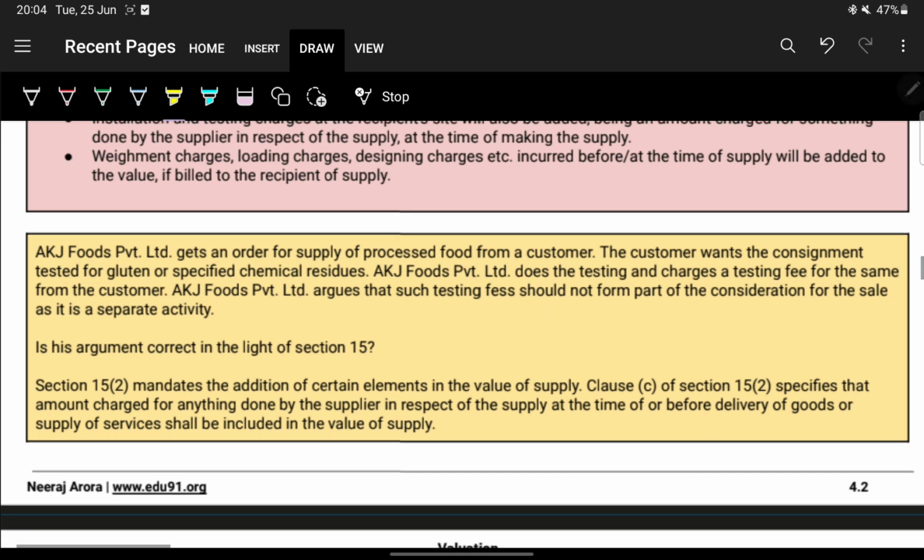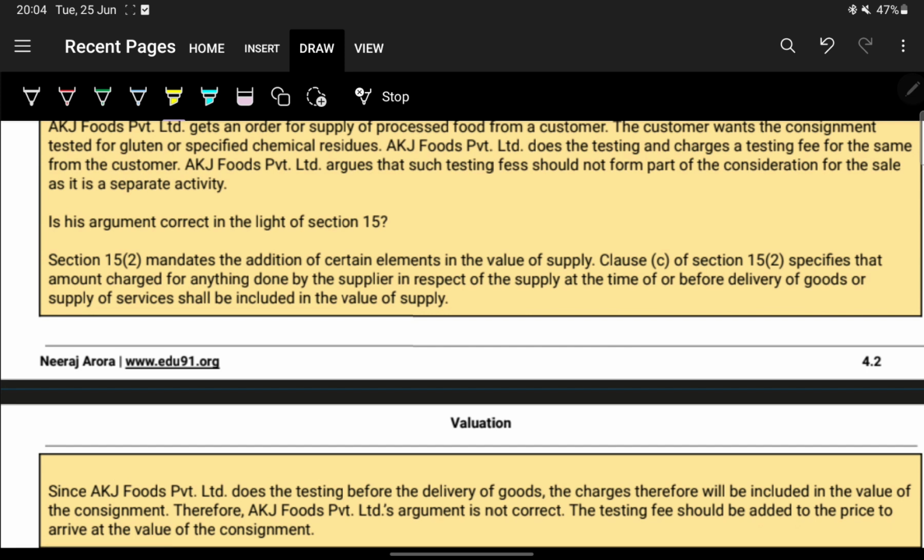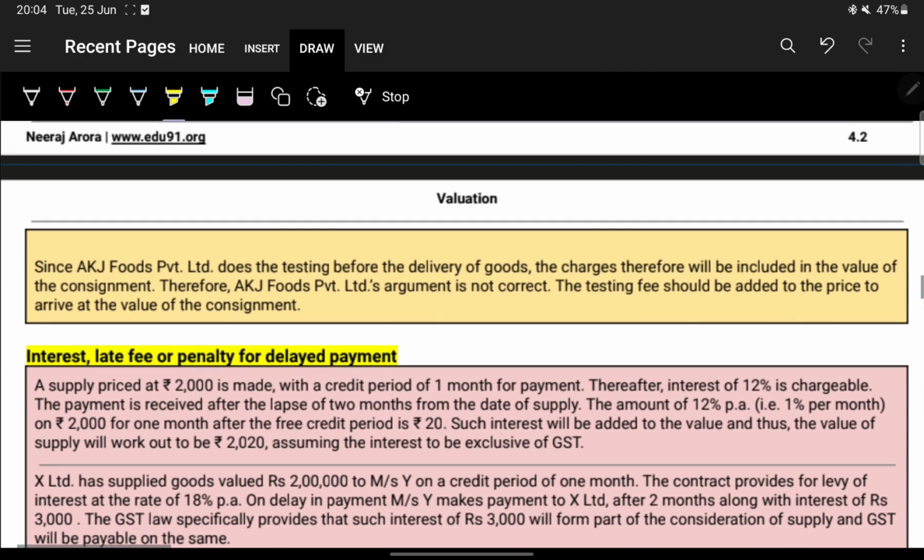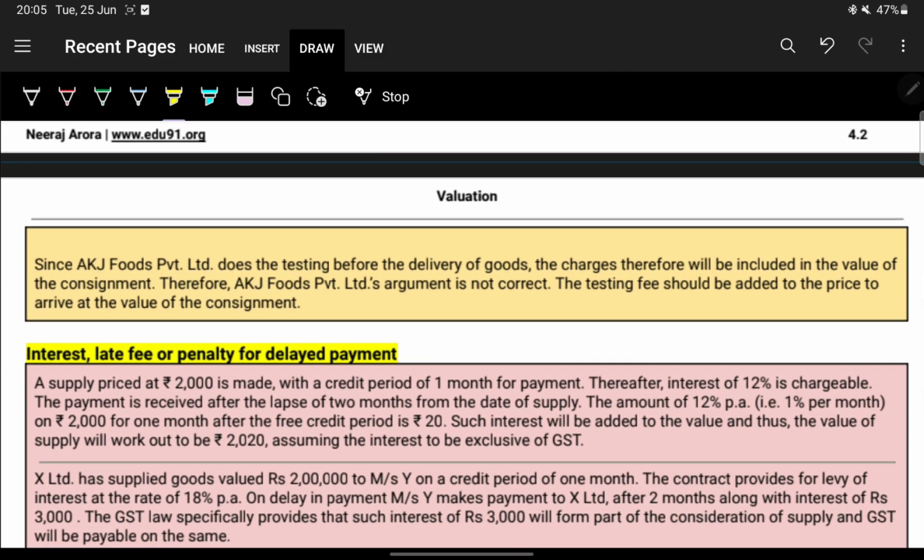Next, is this argument correct? We'll just see what is given here. Section 15.2 mandates the addition of certain elements. Clause C of 15.2 specifies that amount charged for anything done by the supplier in respect of the supply at the time or before the time of delivery of goods or services shall be included in the value of supply, right? Basically the same conclusion we came to.